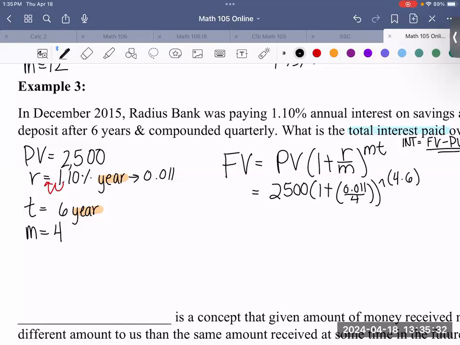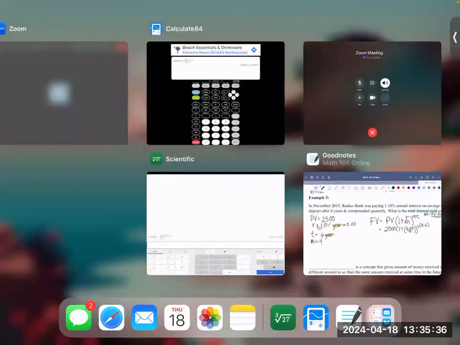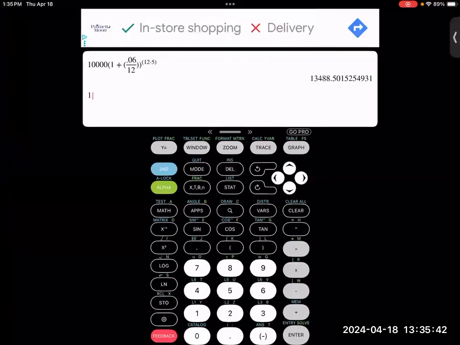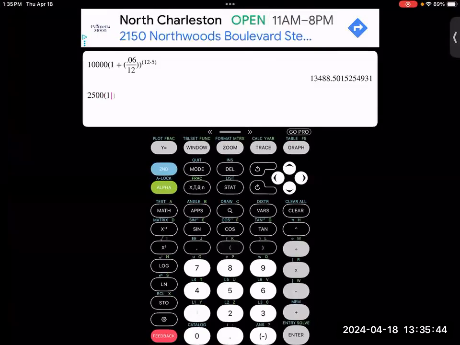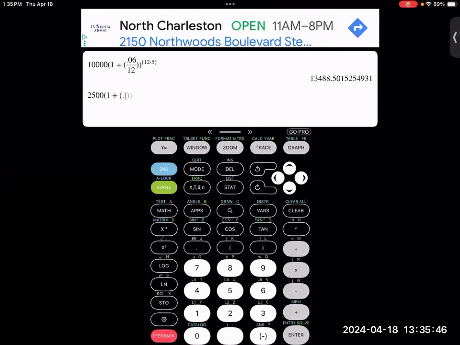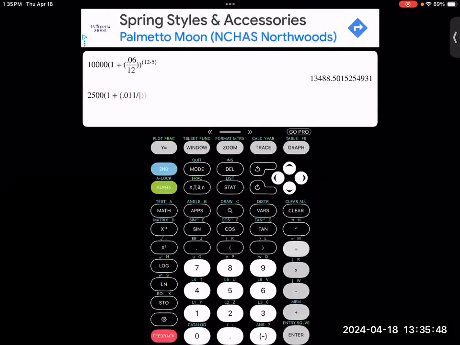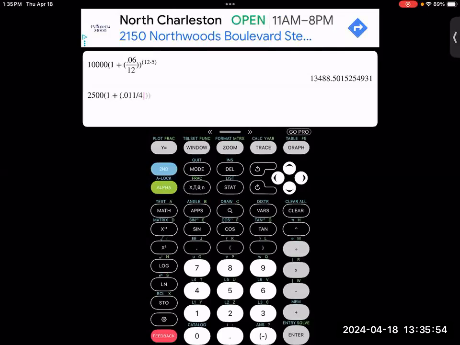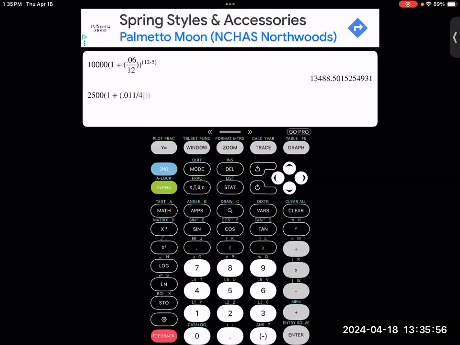Now I'm going to do this again in the graphing calculator because that one is a little harder to input at times. So we have 2,500, 1 plus 0.011 divided by 4. Now notice I did not do my fraction button. If I wanted to, I can.